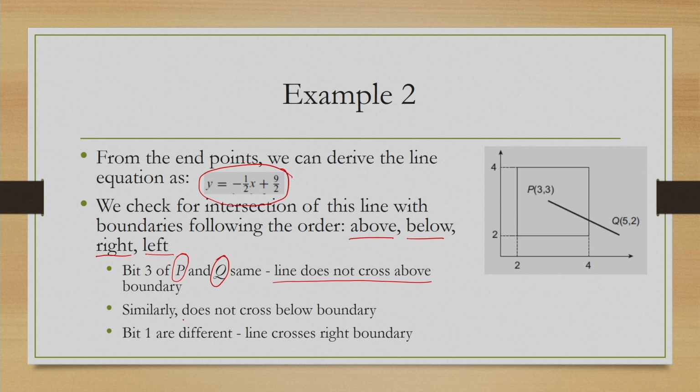Similarly, you can see that the line does not cross below boundary. There is a difference of the bit values in case of bit 1. These values are different. So, we can conclude that the line crosses the right boundary.